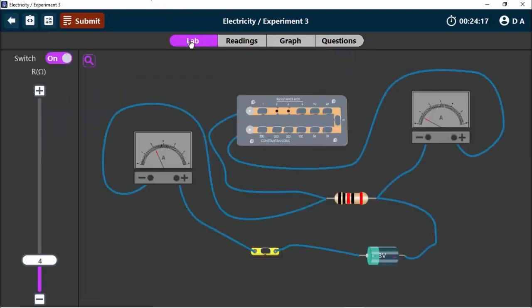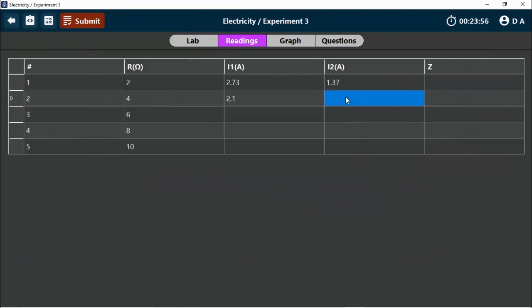Then the reading on the second ammeter is close to 1, but obviously less than 1, roughly 0.7.